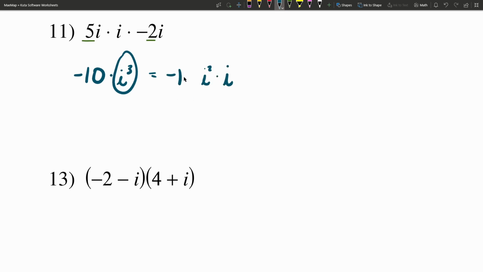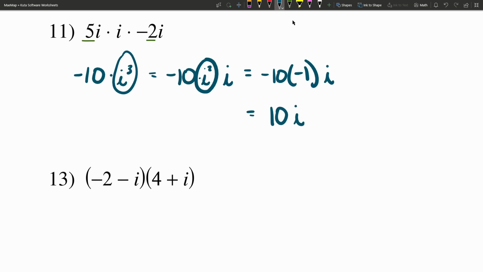So I have a negative 10 times i squared times i. What is i squared? i squared is negative 1. So this is equal to negative 10 times negative 1 times i. So number 11 simplifies down to a positive 10i.